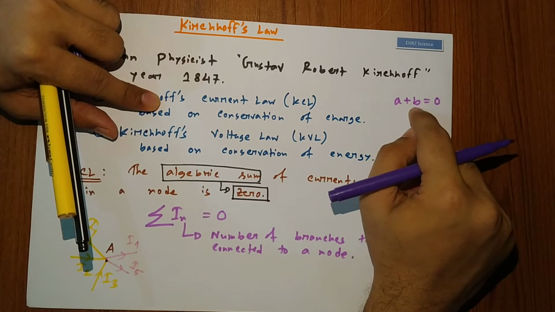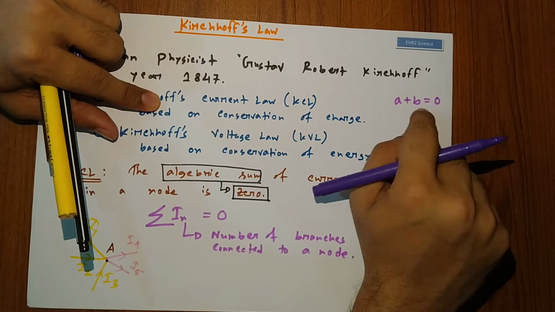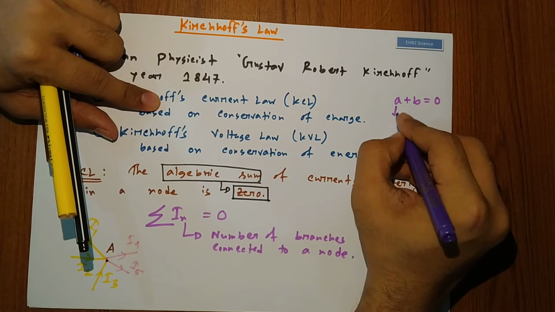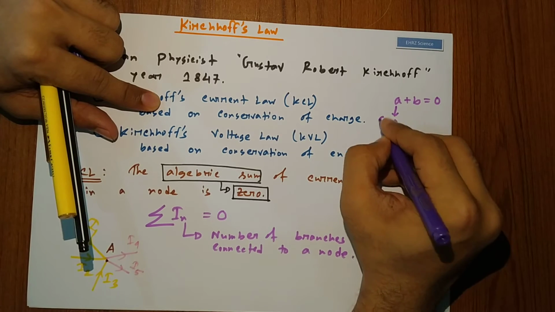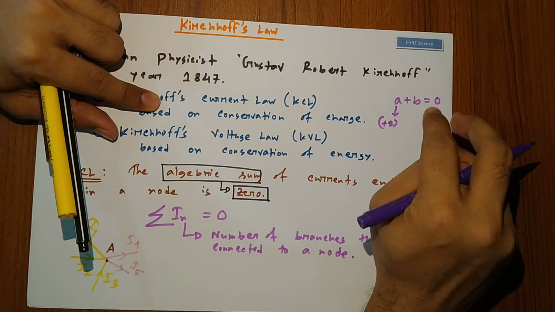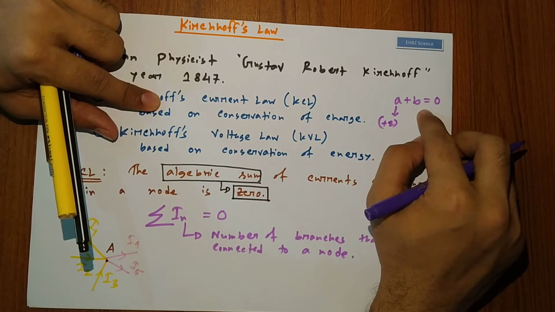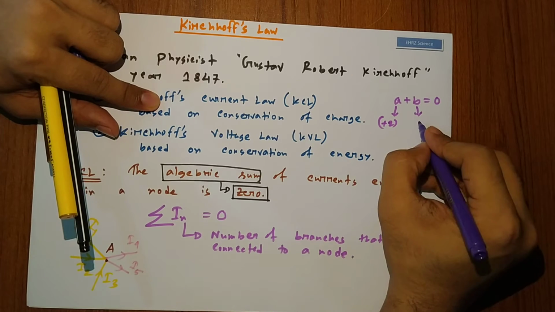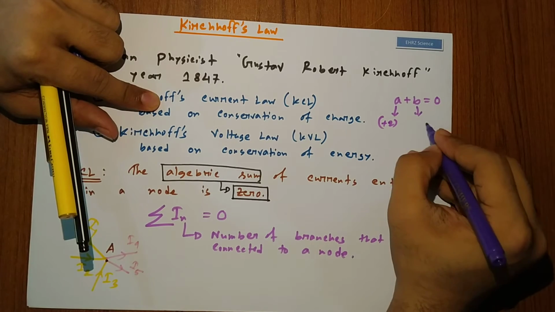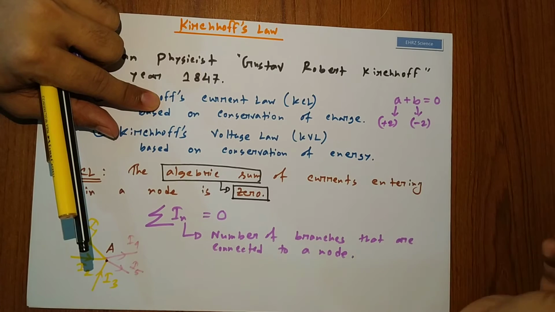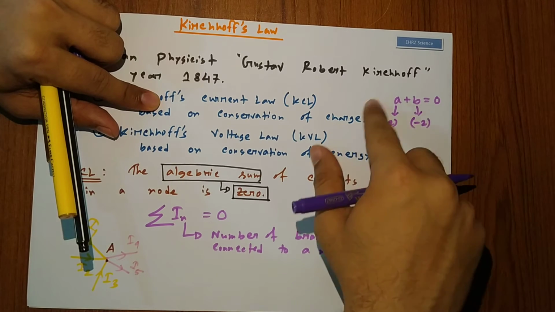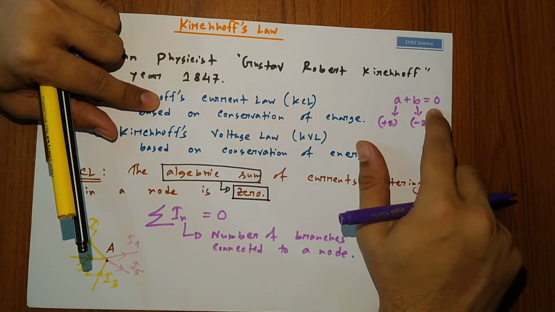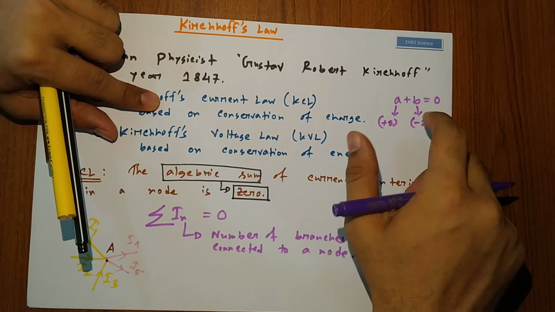Now what does A plus B is 0 mean? It means that if the value of A is positive 2, then in order to satisfy this equation, the value of B must be -2. And only in that case A plus B will be equal to 0.